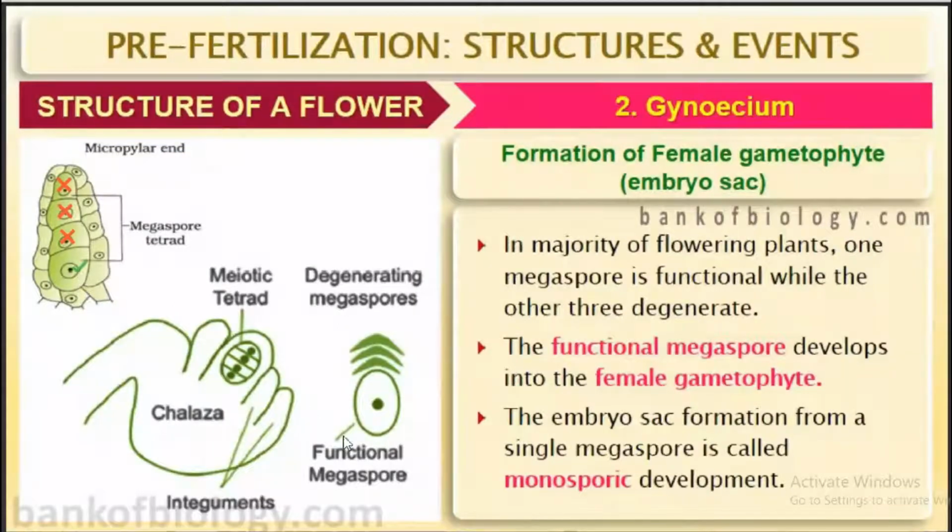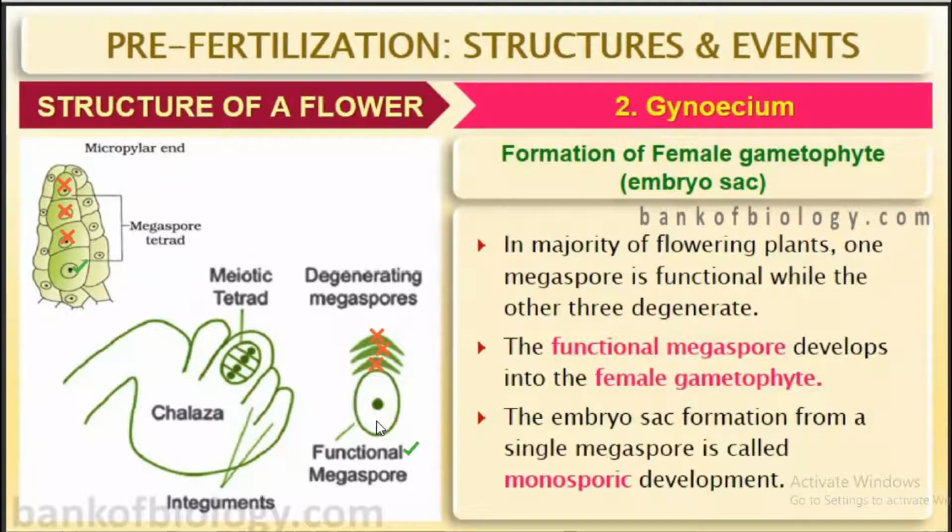See this functional megaspore. All these 3 are degenerating megaspores: 1, 2, 3. Only one is functional. From this one functional megaspore, the embryo sac is developed.